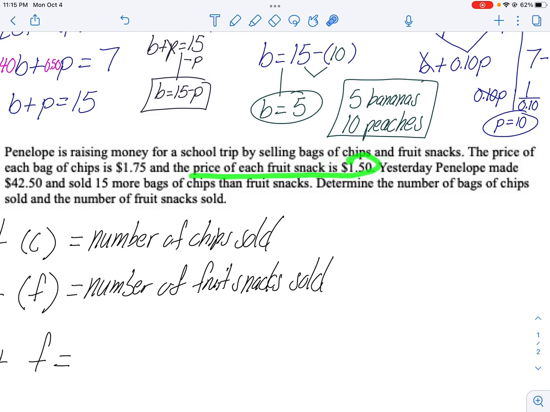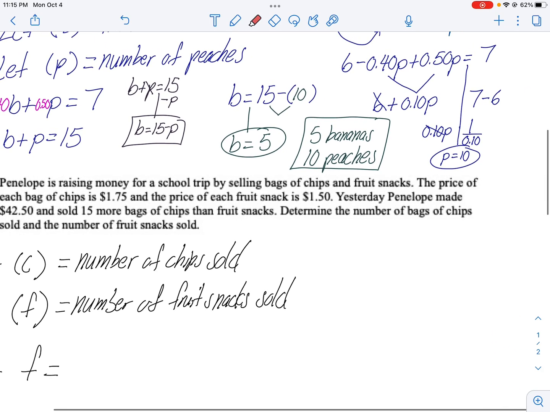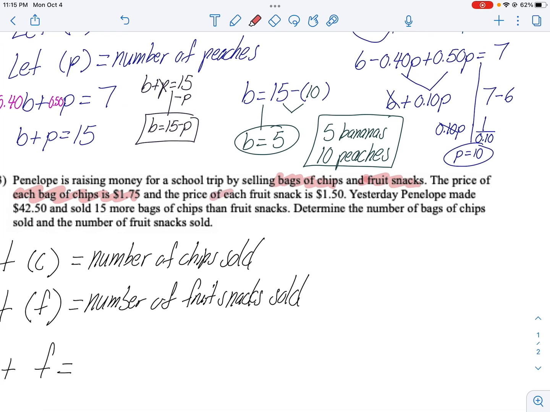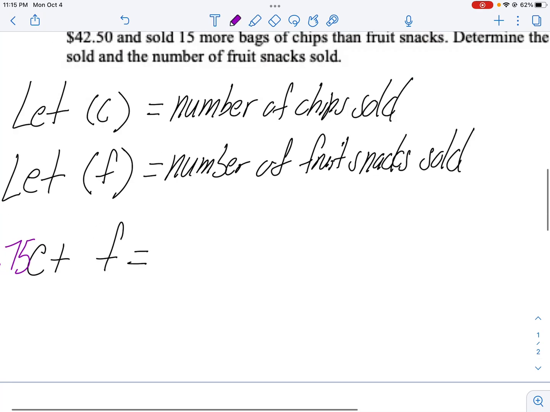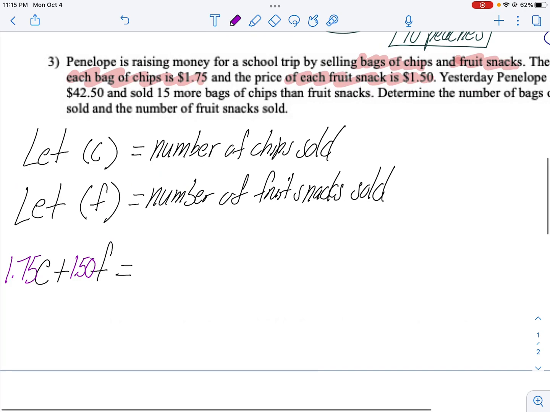So we know we're selling bags of chips and fruit snacks. Each bag of chips is $1.75. Each fruit snack is $1.50. So this is 1.50 F, right?